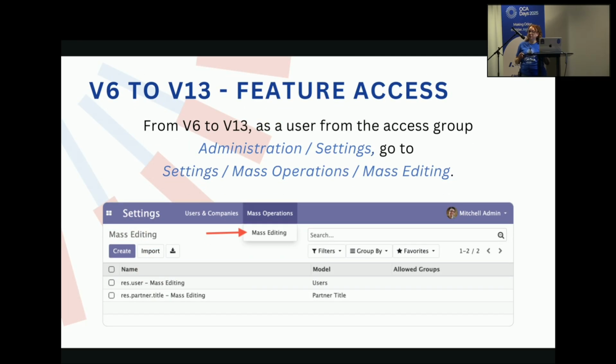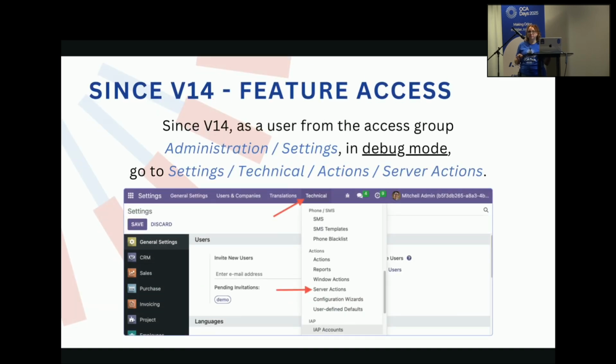To access this feature from version 6 to 13, you had to go, as a member of the administration settings group, to the application settings, and you had a menu, mass operation, with the submenu mass editing. But because there were some changes in the module, since version 14, to access this feature, you go into debug mode as a member of administration settings.